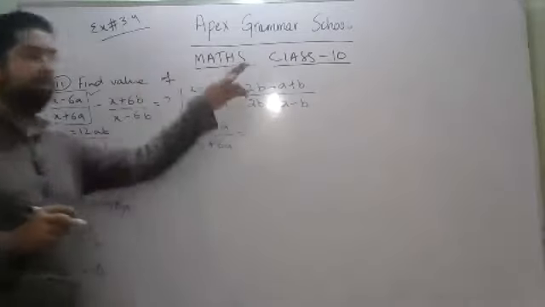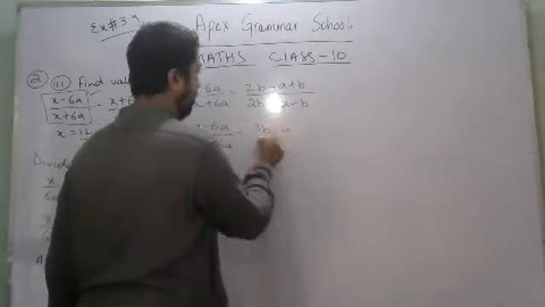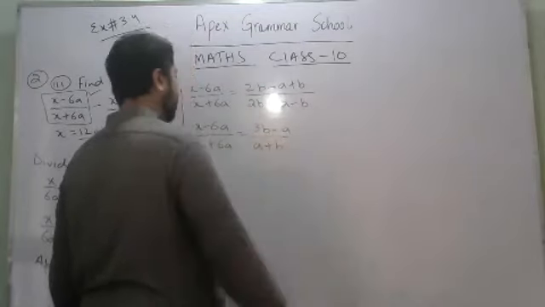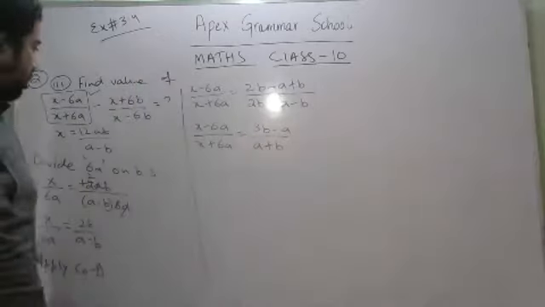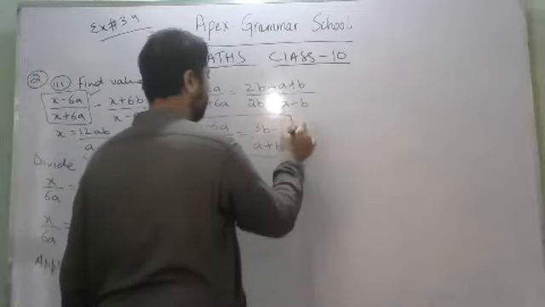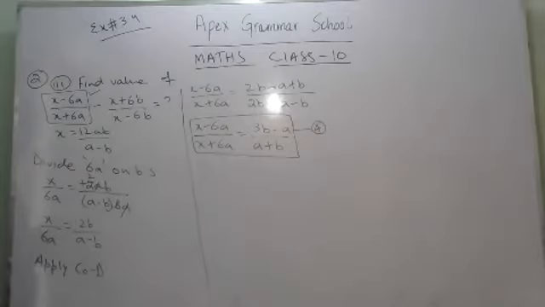So now 2b plus b makes 3b minus a divided by 2b minus b. That is a plus b. So this is equation number 8. This is the value that we have found.